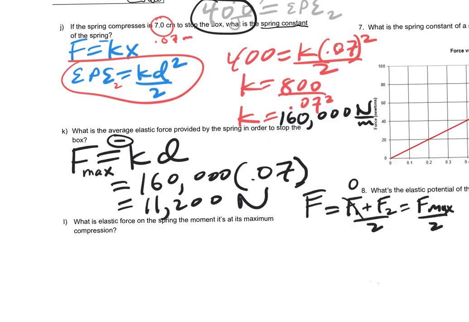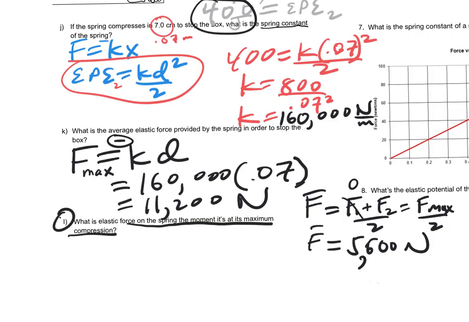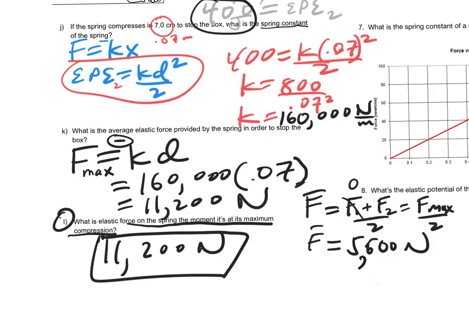So my answer would be average force is equal to 5,600 newtons. What is the elastic force on a spring at the moment of maximum compression? Really, I should have done that first, and that's 11,200 newtons. I did that right there.